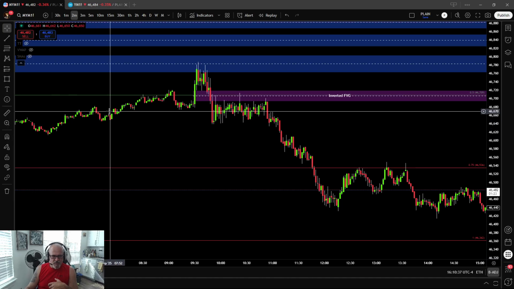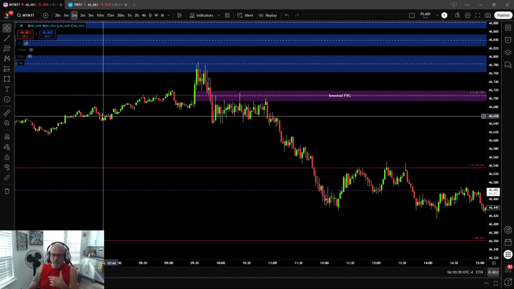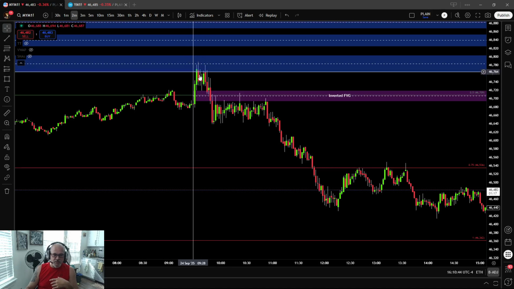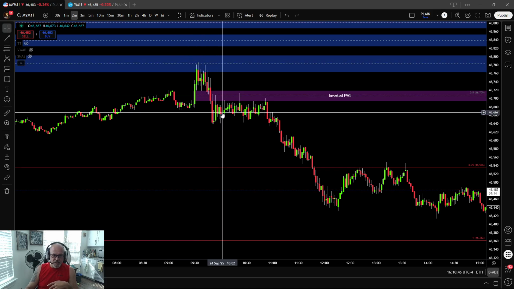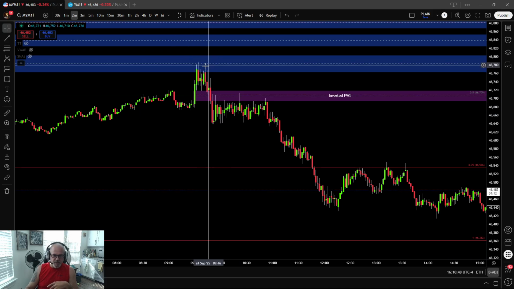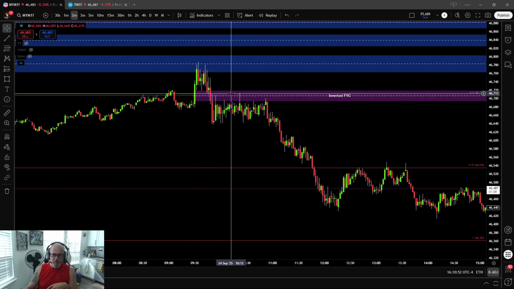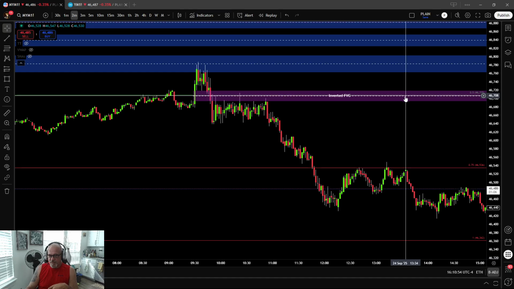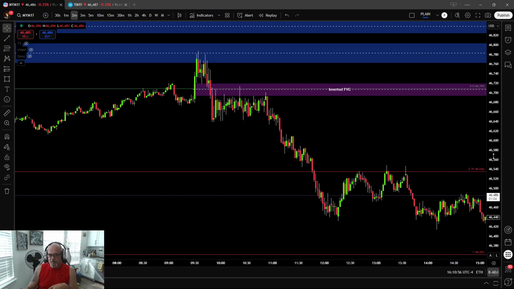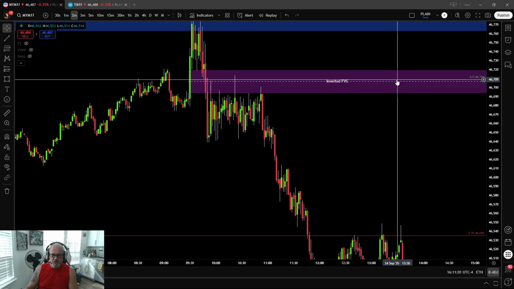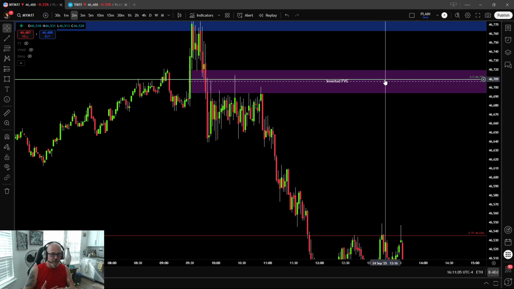We came back up from breaking below equilibrium into discount pricing, and then we shot back up into premium pricing and immediately rejected off of this 15-minute fair value gap to then create an inverted fair value gap directly at the 50% level. The midline of that fair value gap is almost sitting directly on top of the 50% level. So having a bearish mindset, this is the perfect spot for me to take a trade.